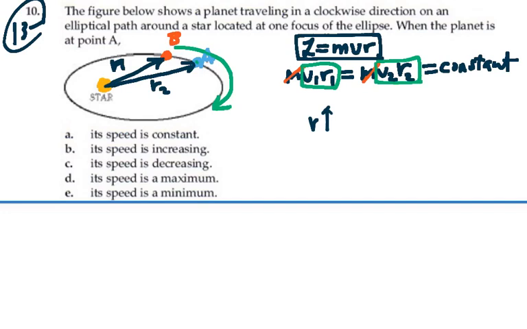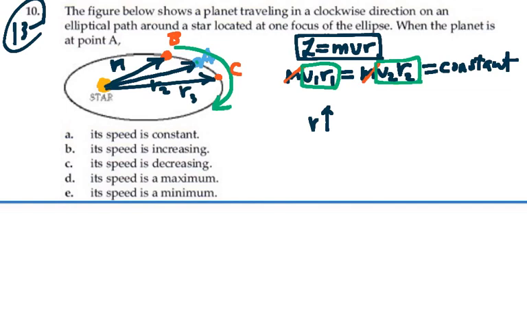And it continues to go up as we go to, say, point C, which is just beyond A. It's at the maximum value here. So the radius at that point would be even greater. Let's call it R3.